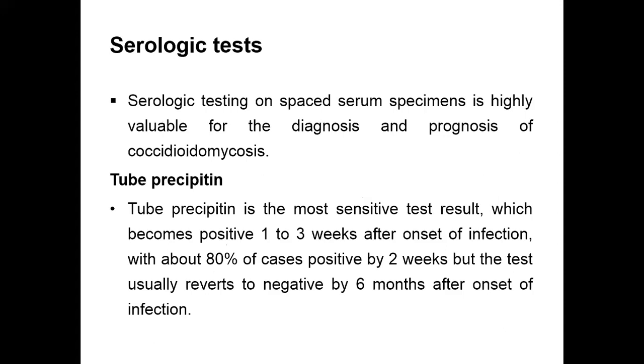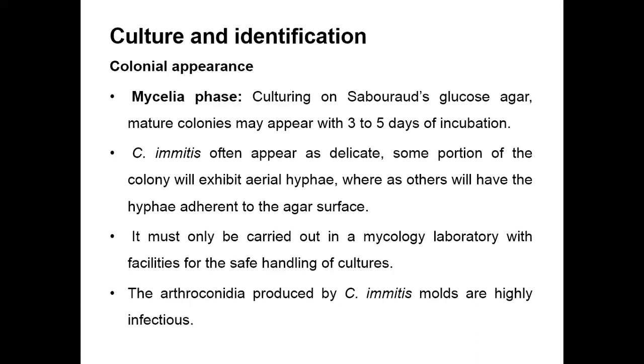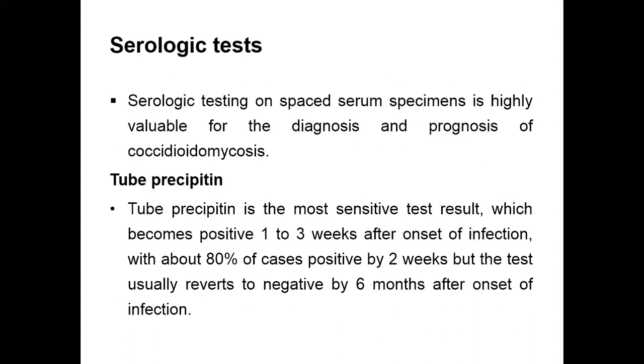For the serological test, it takes about 4 to 5 days. For mycelial, it takes about 6 days. If we go for a serological test, there is a specific test which we call the tube precipitin test. In that, about 80% of positive cases take 2 weeks.